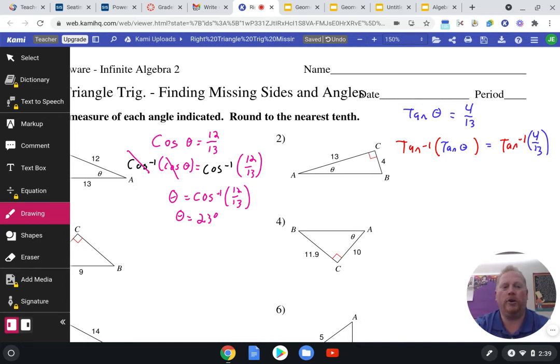Pretty soon you're going to get to the point where you don't need to write all that out, and I'll show you that in the next problem. But inverse tangent cancels out tangent, and now I have theta equals the inverse tangent of 4 over 13. Plug that in our handy dandy calculator. So second tangent, 4 divided by 13, and I get 17.1, so 17 degrees.